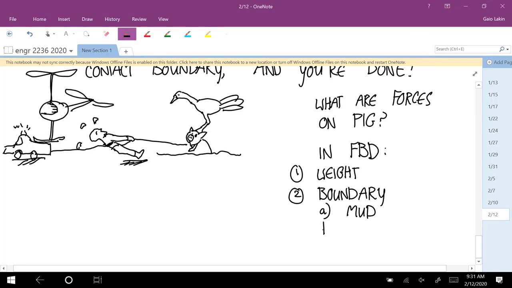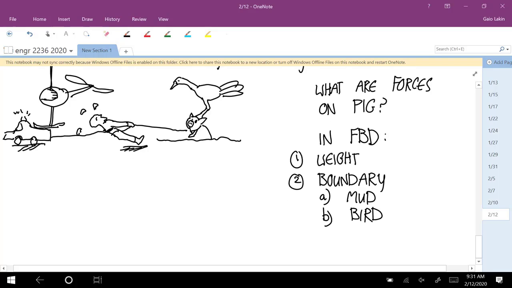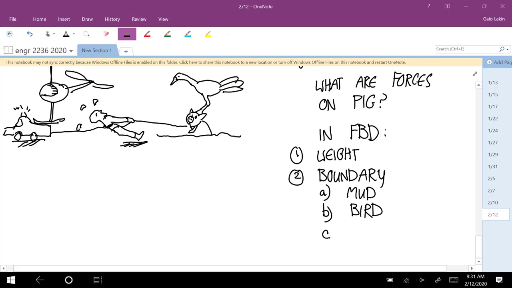There's a force from the bird. There's a force from the rope, and that's it. So the free body diagram is going to have 4 forces on it: a weight force, and forces from the mud, the bird, and the rope.